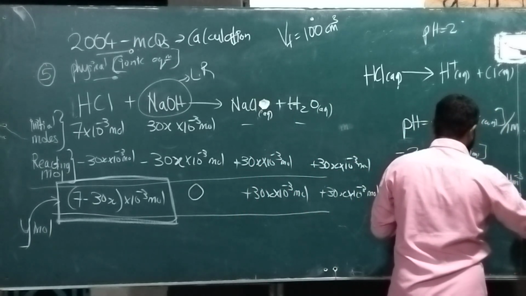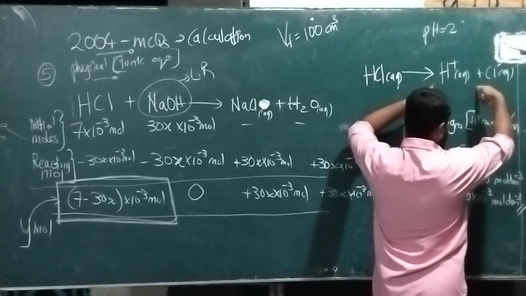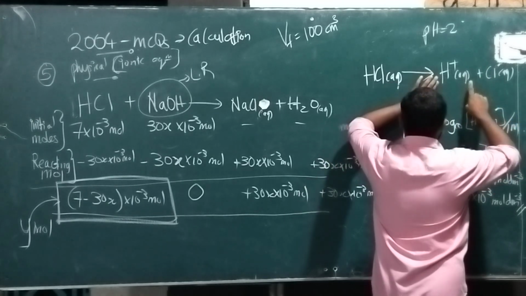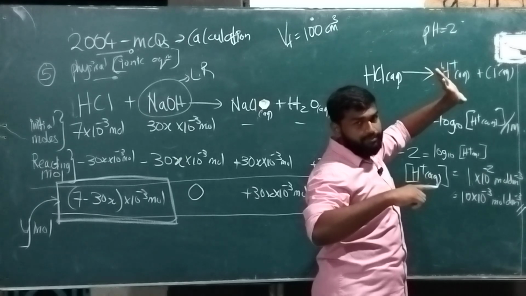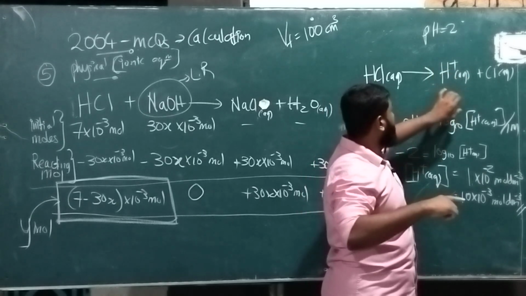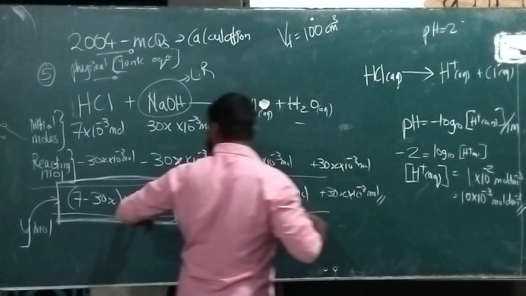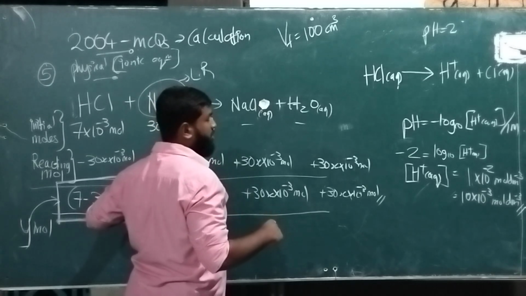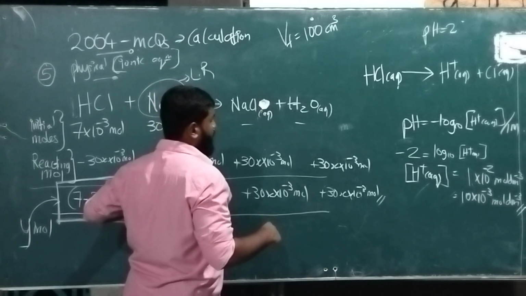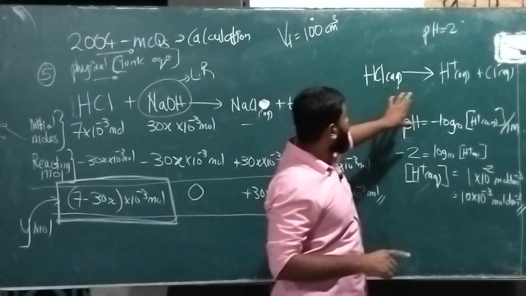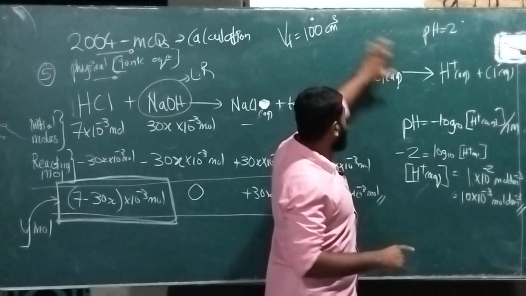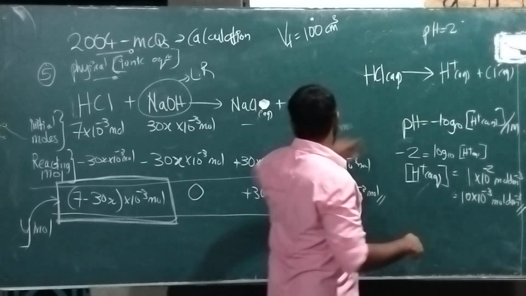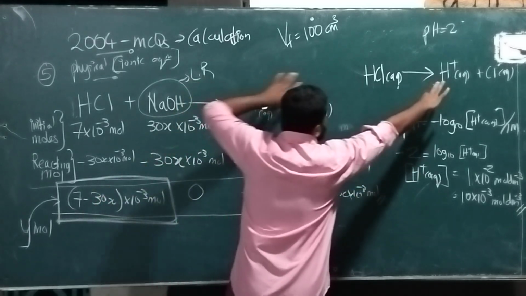Here you have 10 into 10 to the power minus 3 mole decimeter minus 3 of H plus in the resulting solution. Now you have the moles here. You can do one thing here: you can bring this to the number of moles that you have in the resulting solution, or you can equate the concentration of the resulting solution.